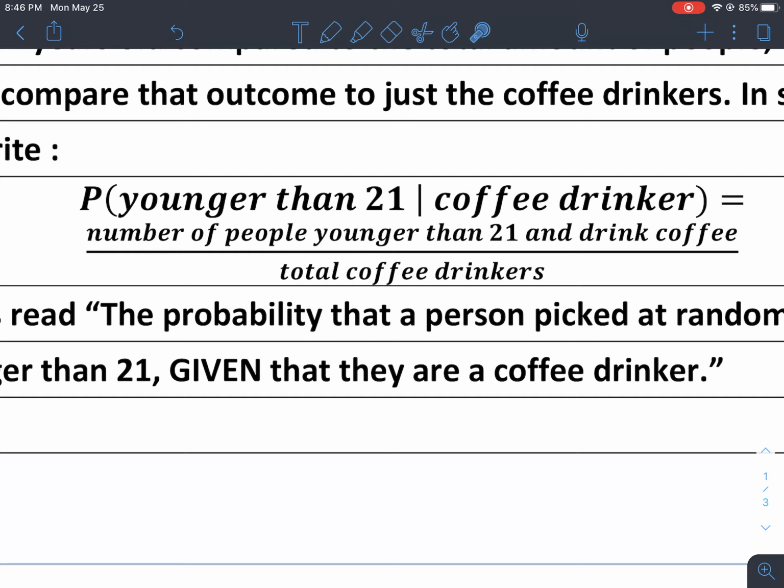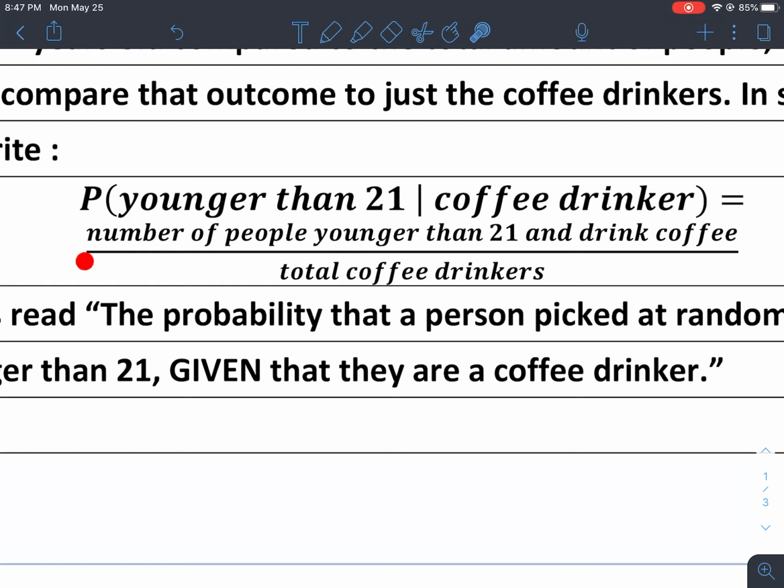Maybe I'm Dutch Bros, and I'm trying to figure out who do I market to? Do I market to people older than 21 or people younger than 21? So I'm saying, of coffee drinkers, if I serve 100 coffee drinkers in a day, how many of them are likely to be younger than 21?